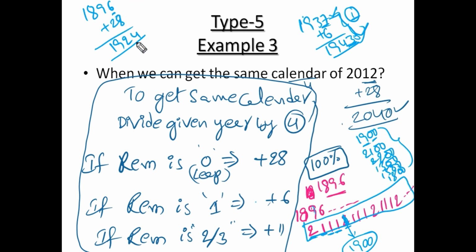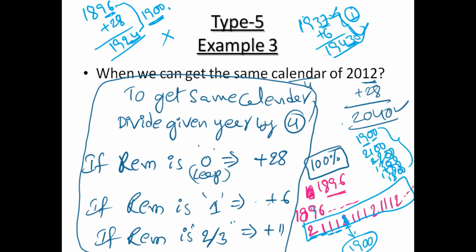By adding 28, we'll get 1924. But before giving the answer as 1924, just to check, between 1896 and 1924, is there any non-leap century? Yes, there is a non-leap century, that is 1900. That's why the shortcut procedure is not applicable. Okay, so this will give the correct answer, except for non-leap centuries.